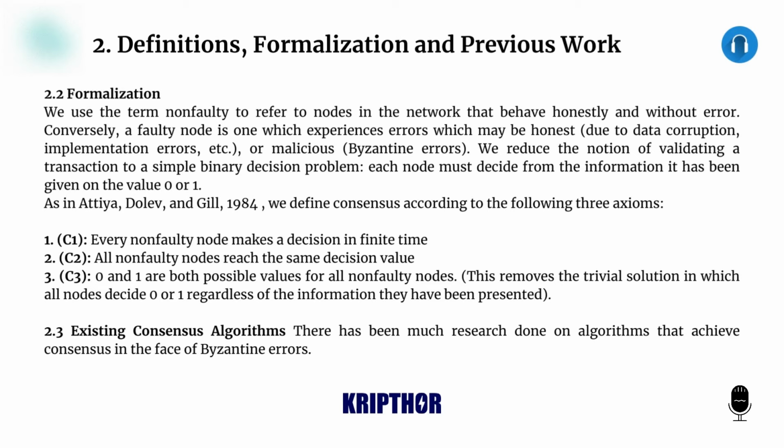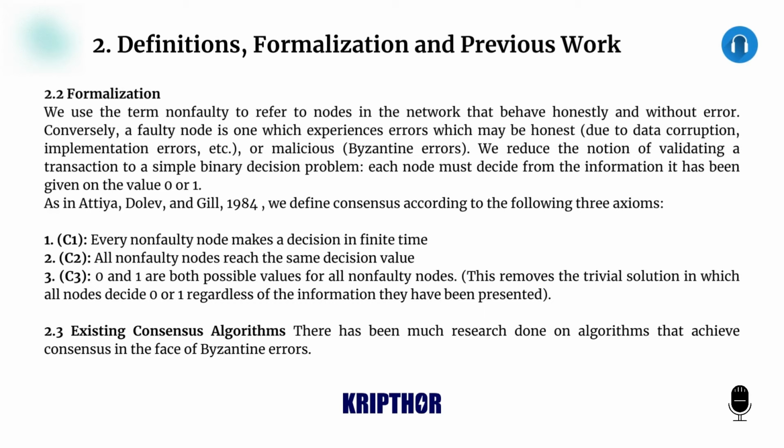As in Atiyah, Dolev, and Gill, 1984, we define consensus according to the following three axioms. 1. C1. Every non-faulty node makes a decision in finite time. 2. C2. All non-faulty nodes reach the same decision value. 3. C3. 0 and 1 are both possible values for all non-faulty nodes. This removes the trivial solution in which all nodes decide 0 or 1 regardless of the information they have been presented.